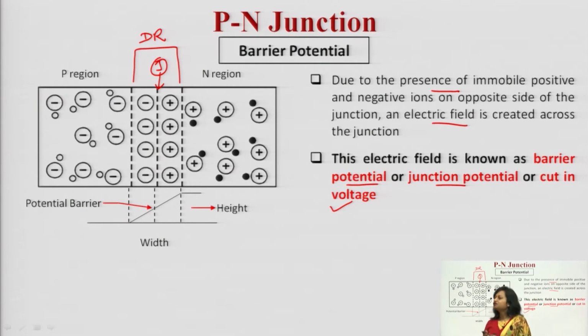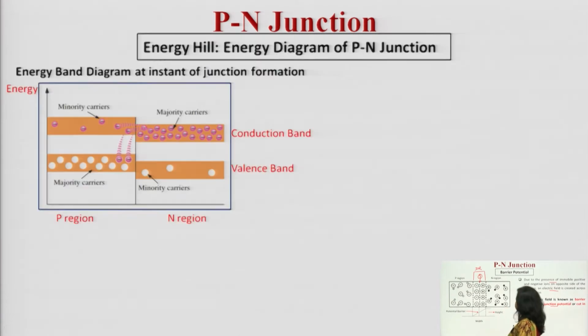Because of this barrier potential, further diffusion will take place only when the applied voltage crosses this particular barrier potential. See, if you talk about silicon, the barrier potential is 0.7. If you talk about germanium, there is some other value. So, this is how you can explain the barrier potential.